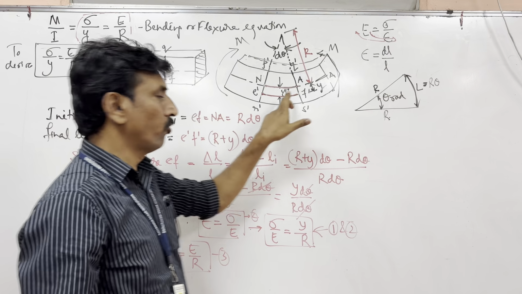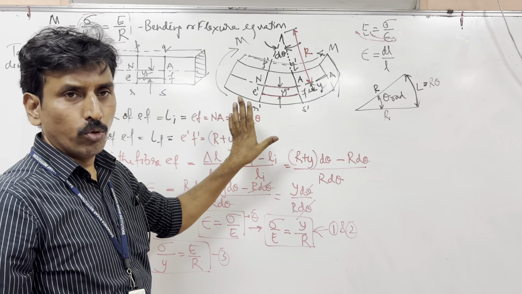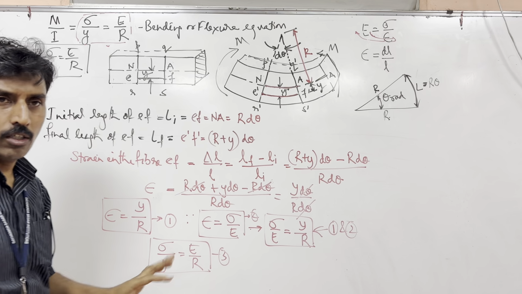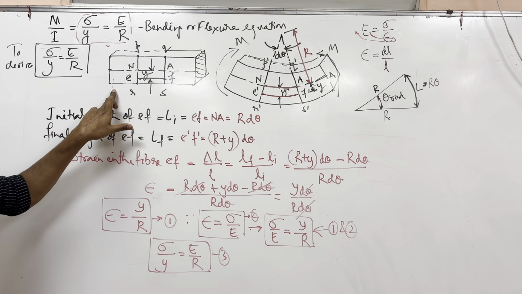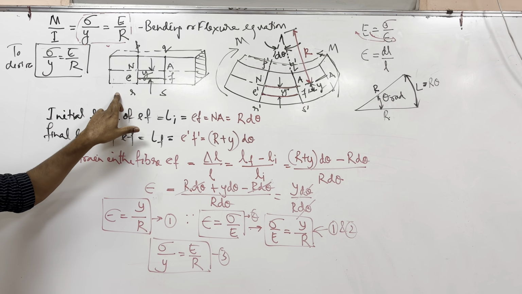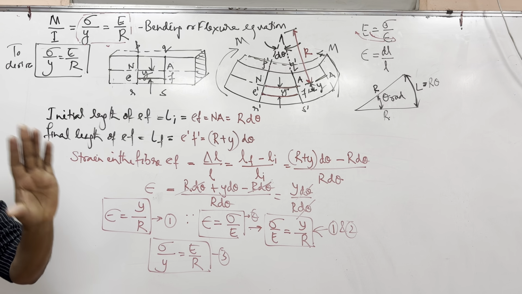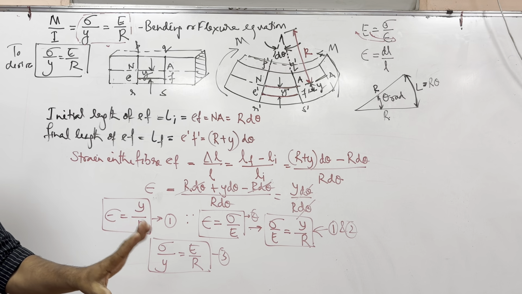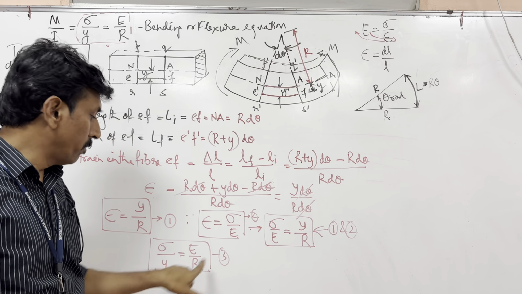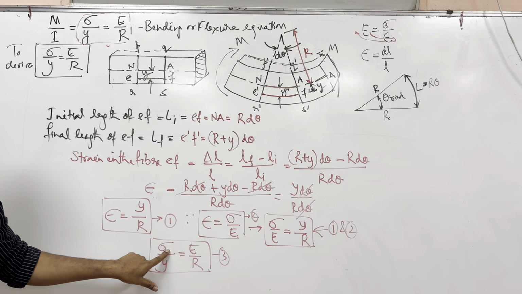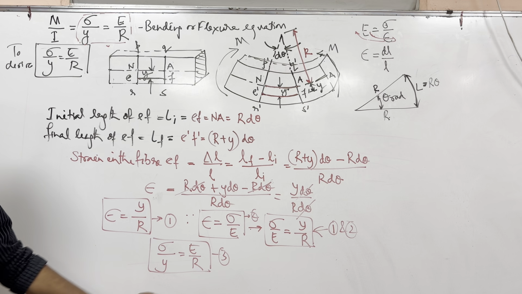These are the two assumptions that we already made and used here. And initially we said that this beam, before bending, was straight and had no stresses, and only after bending the stresses have been induced. That stress is given by this equation. So the first part of the equation is derived.